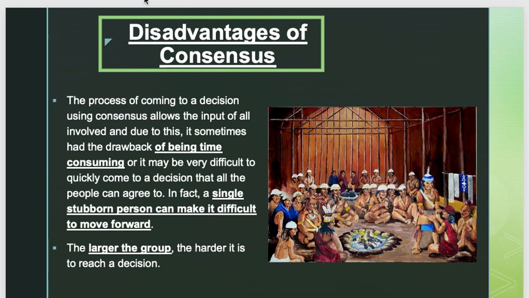So again, let's say we're voting on what we should have for supper, and one of your siblings really wants, let's say, pizza. All right, and you guys just had it last night and you don't want it again, but that person refuses to change their mind. By the laws of consensus, you have to keep debating until everybody agrees. So one person makes it very long, and even just hearing everyone's opinion is long.